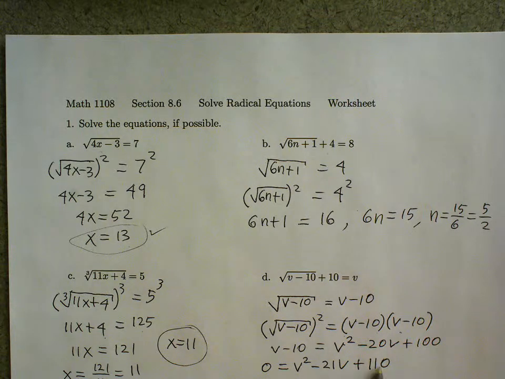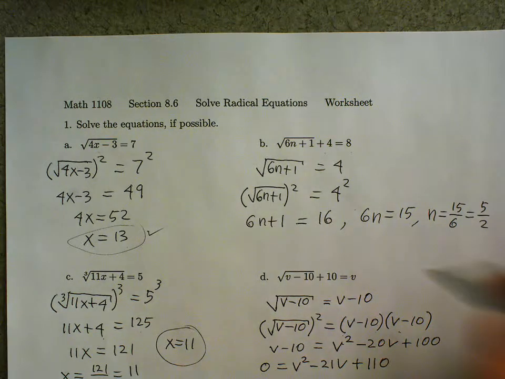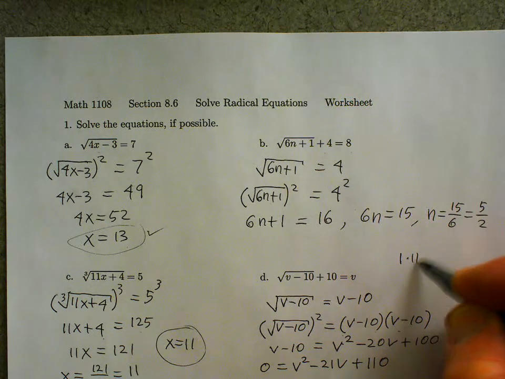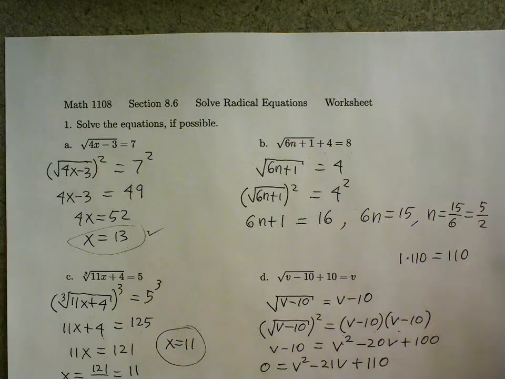Let's see if we can solve this by factoring. So 1 times 110 is 110. Can we find two integers that have a product of 110 and add up to negative 21?